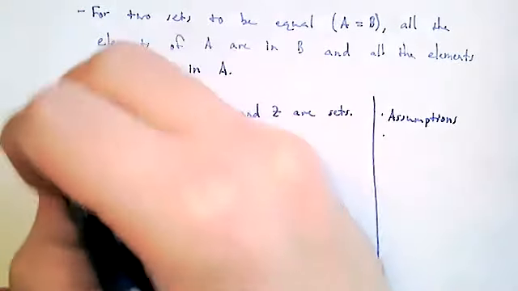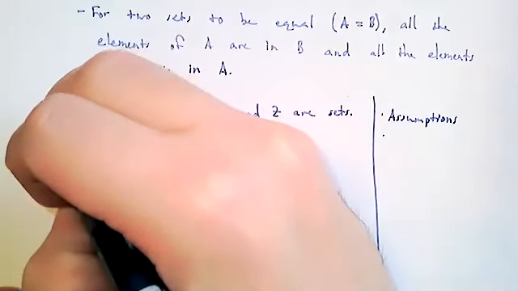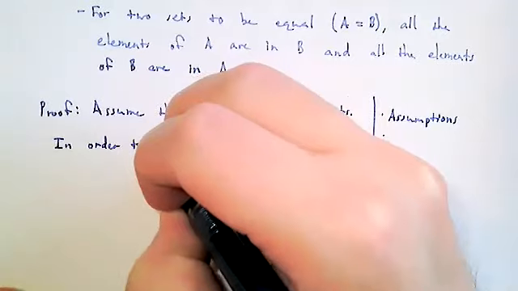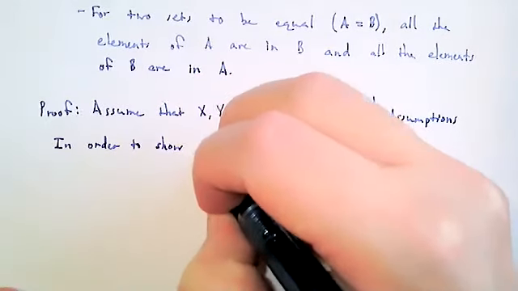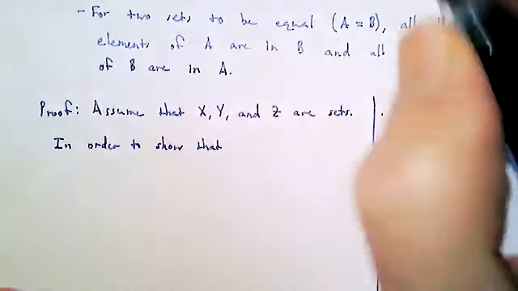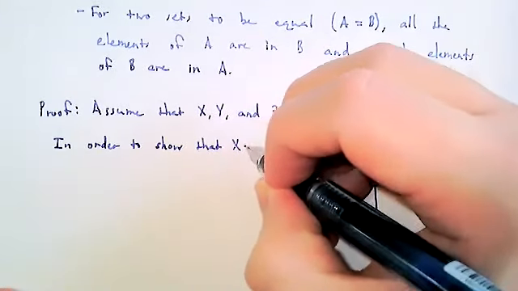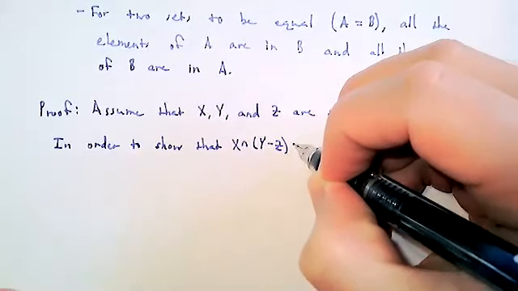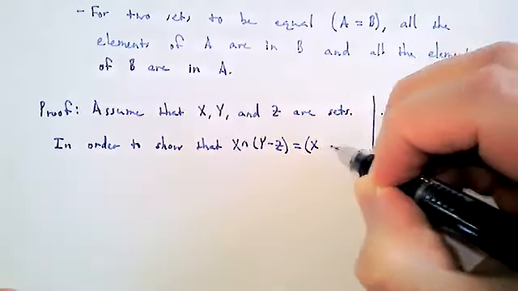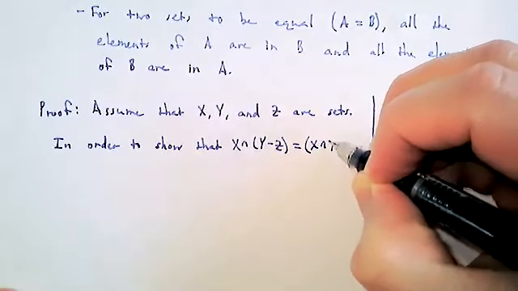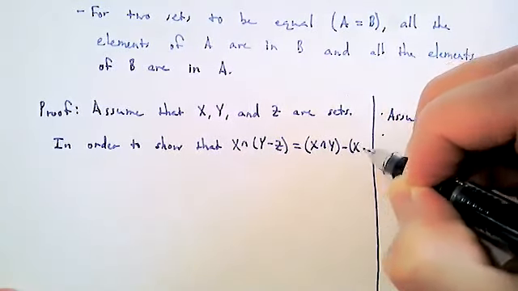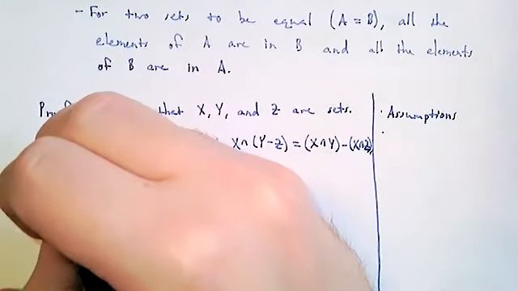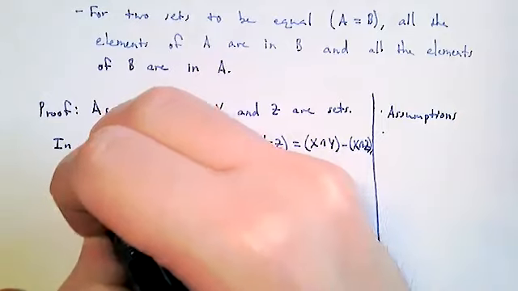Okay, and this is what we're going to do in order to show that the equation is true, that x intersect y minus z is equal to x intersect y minus x intersect z, we need to show two other things that we already talked about.